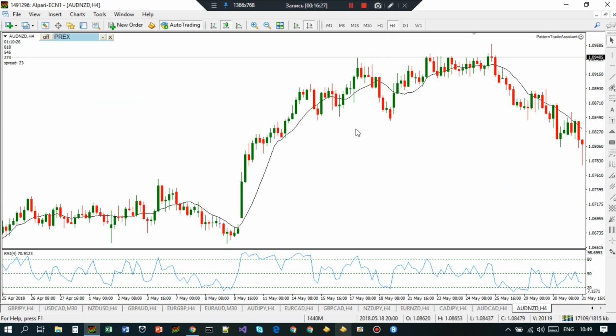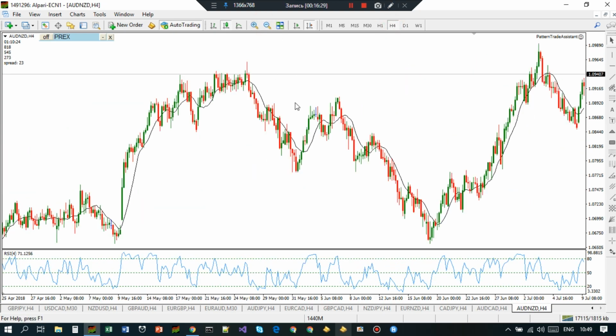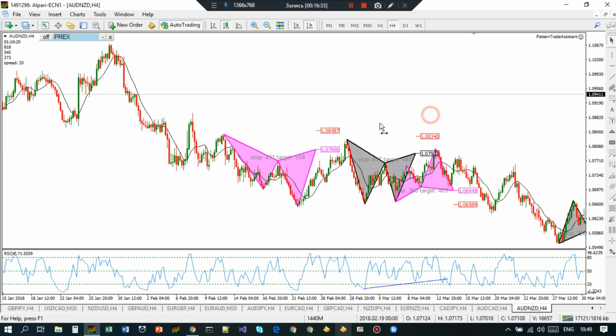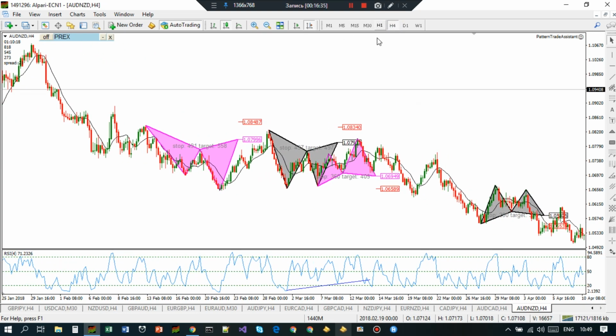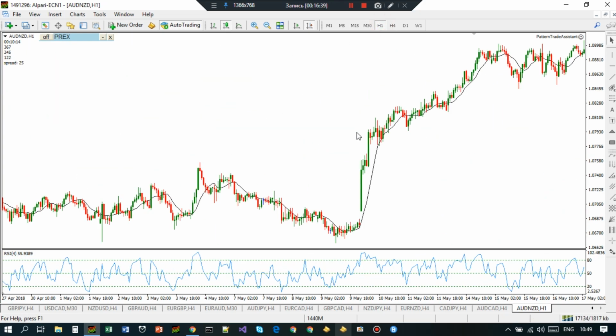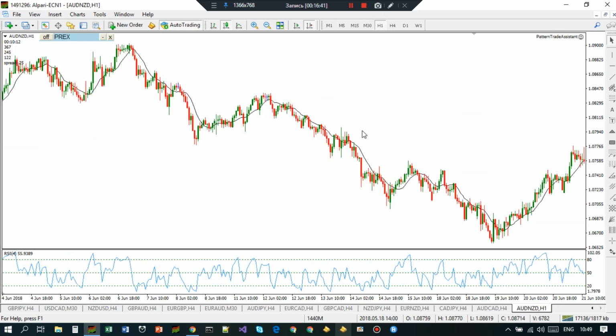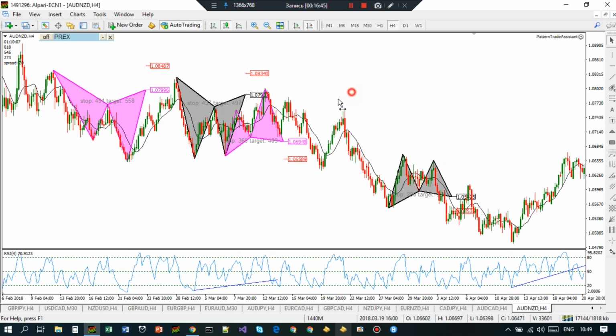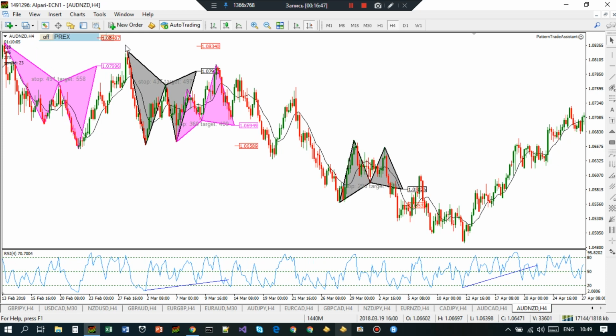Where is that pattern? Maybe you need to switch to lower time frames, like this, and try to find the execution on 1 hour. Find the patterns. Then we switch to 1 hour.